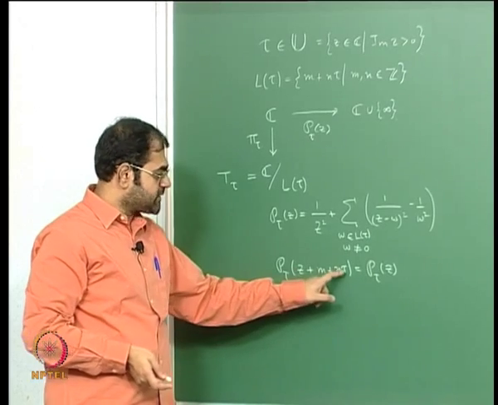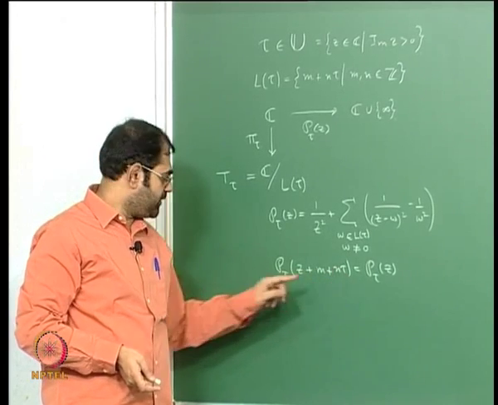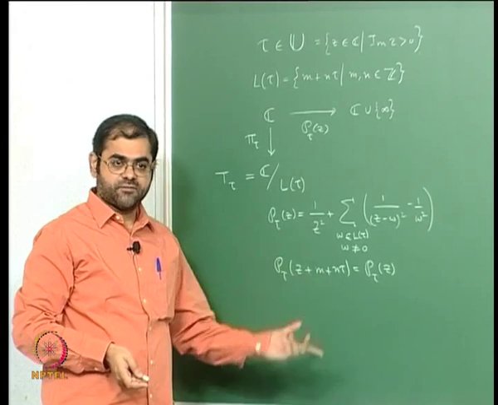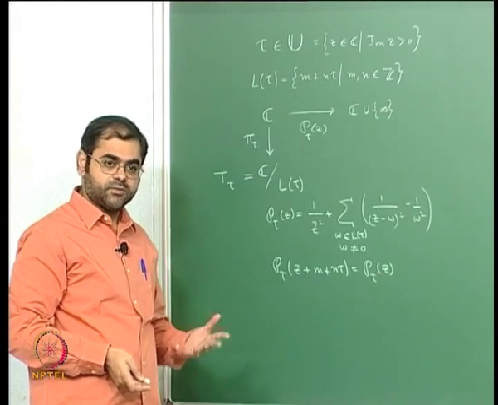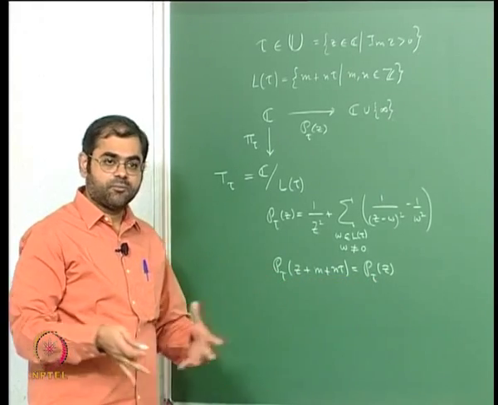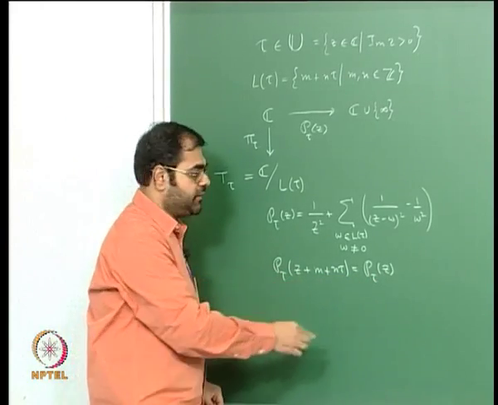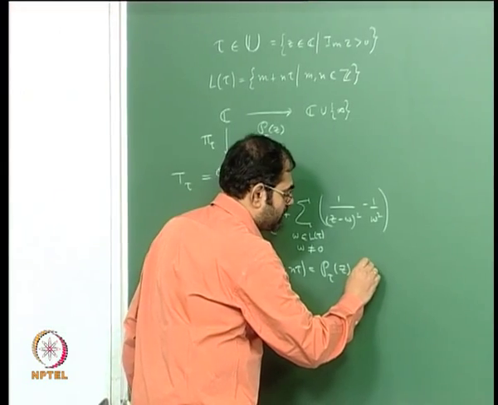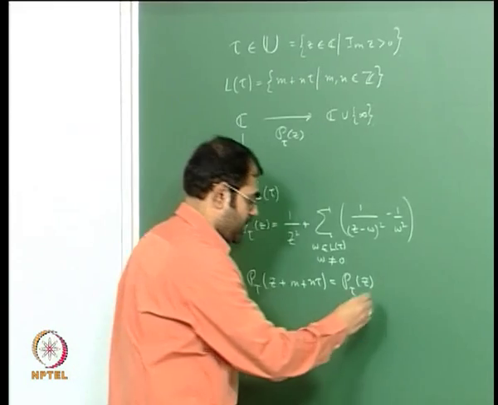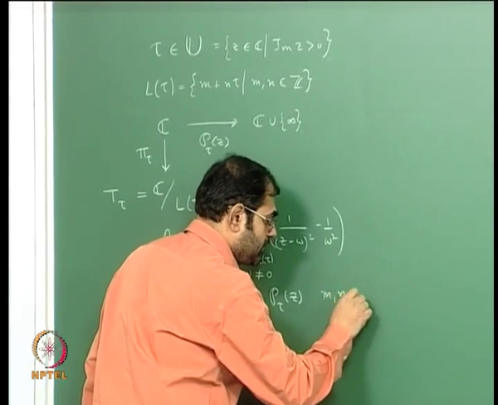And phi of z plus tau is phi of z, from which you can deduce inductively that phi of z plus n tau is also phi of z, and if you put both together you will get this. So we proved this last time. Of course m and n are integers.